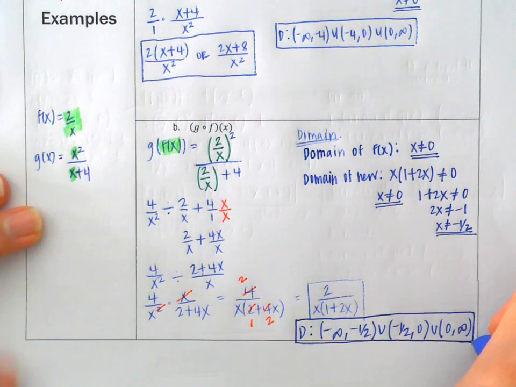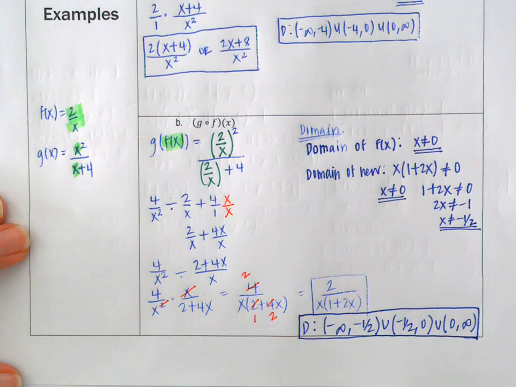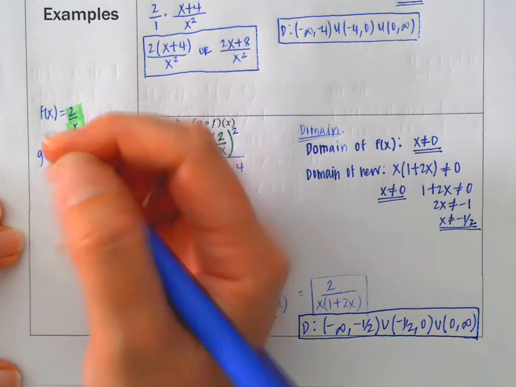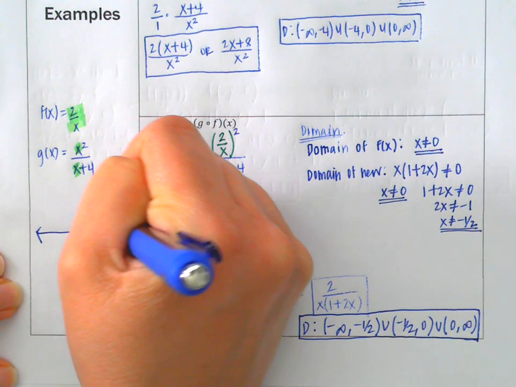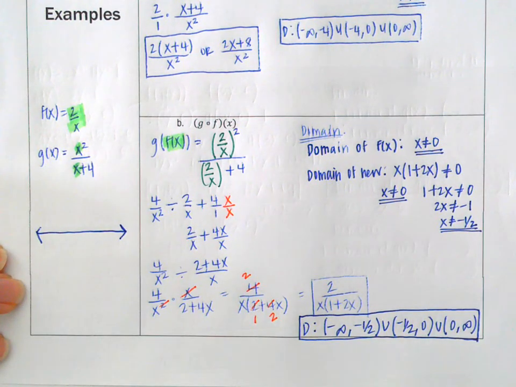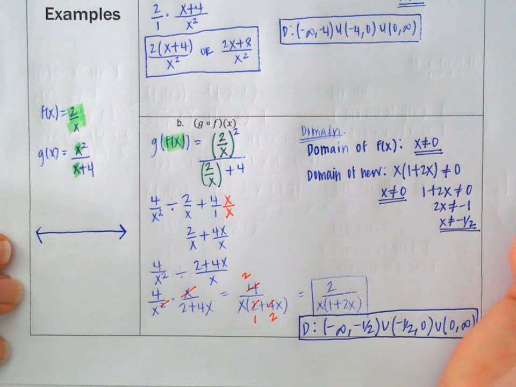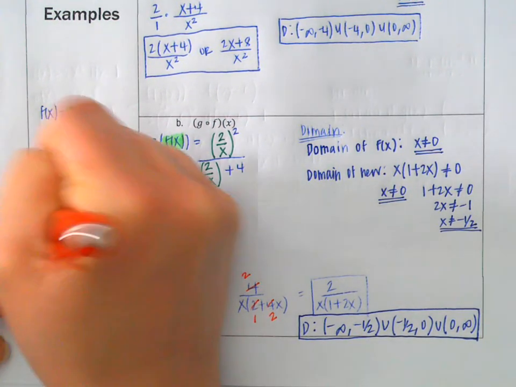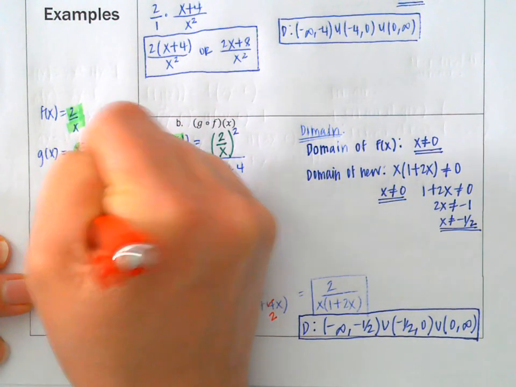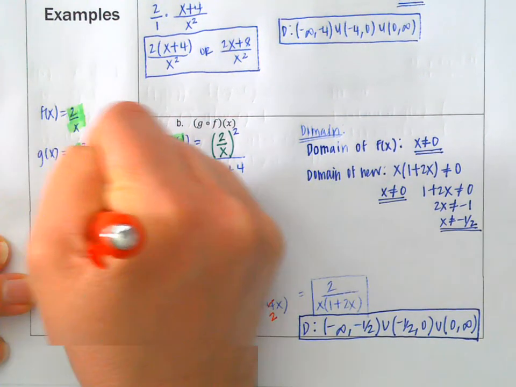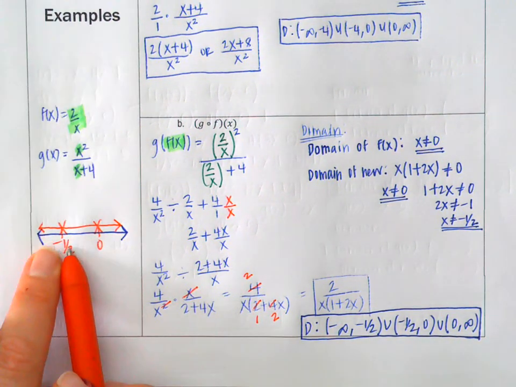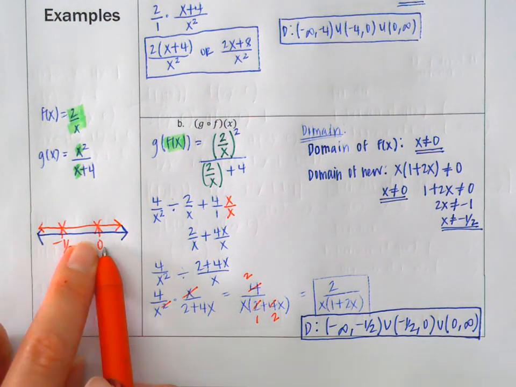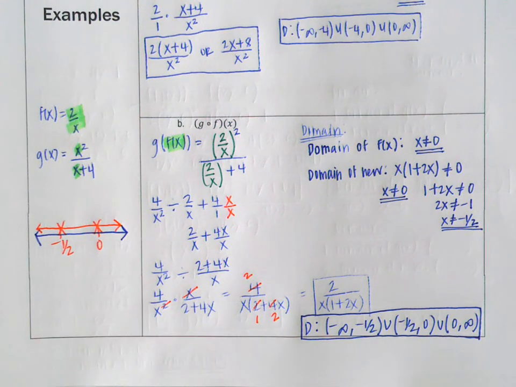And if you need to do the number line, just like we did up there, to think about which one's going to come first, whichever one is less is always going to come first. You order them from least to greatest. So we think, okay, it can't be equal to -1/2, and it can't be equal to 0, but it can be equal to everything in between. So it would be -infinity to -1/2, -1/2 to 0, and 0 to infinity.